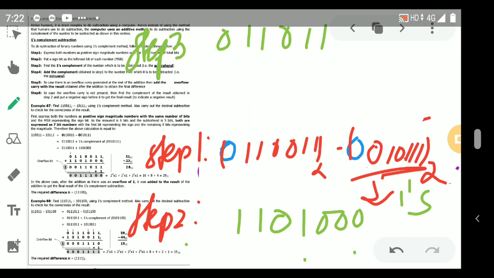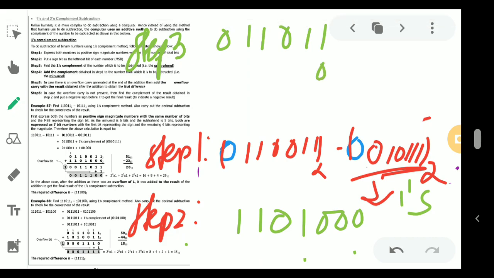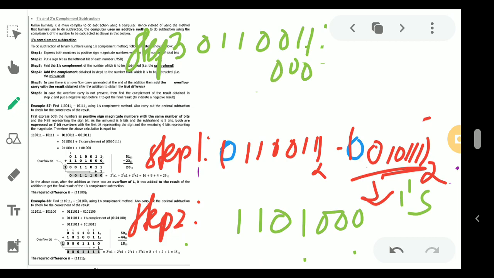Now the one's complement value I am getting is 1 1 0 1 0 0 0. Here there are double zeros, so I missed a 1 there. So again I am writing 0 1 1 0 0 1 1, and in the lower portion I am writing 1 1 0 1 0 0 0.